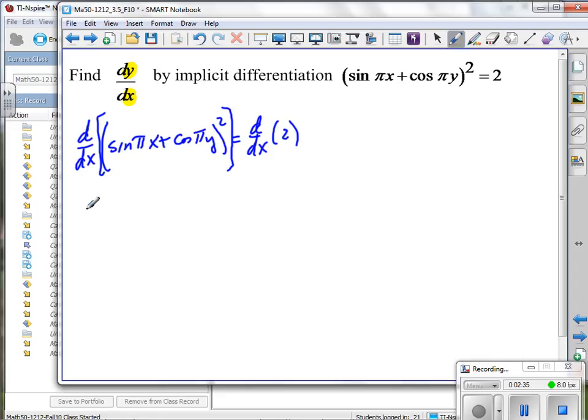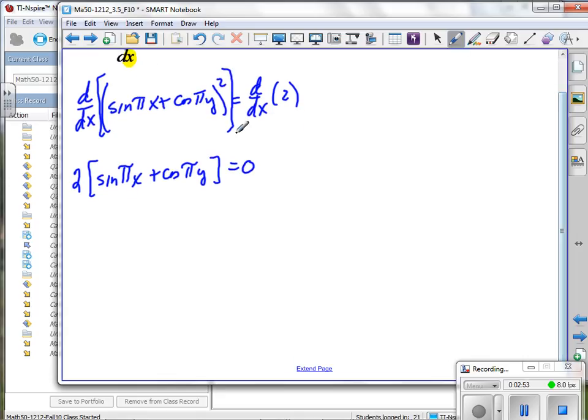So the first thing we do here is take the derivative of the outside function, so it would be 2 times the sine of pi x plus the cosine of pi y, and that's going to be to the first power is equal to 0. Now once I have the composite, well, I think I just made a huge mistake. I should ask you what I made a mistake on. What did I forget to do?